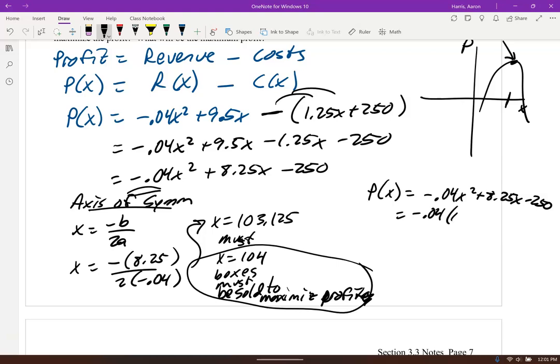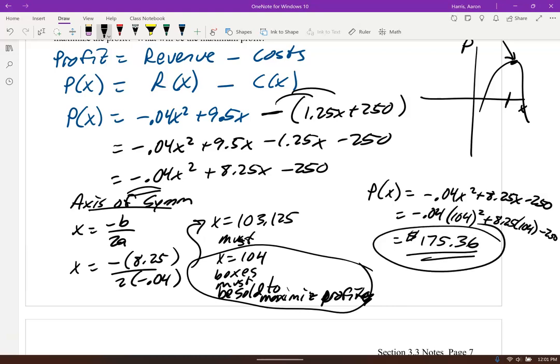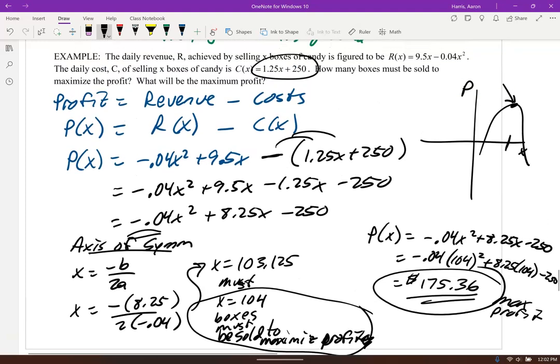And this ends up being 175.36. So that's our max profit. That's our max profit when we sell 104 boxes. Okay.